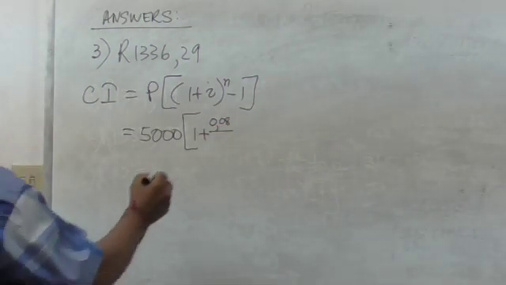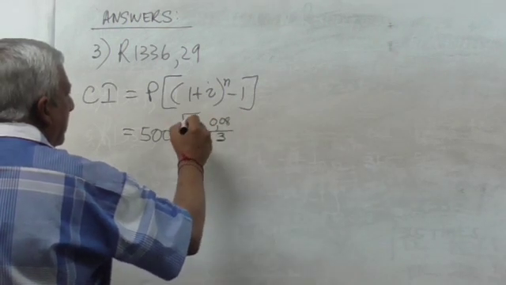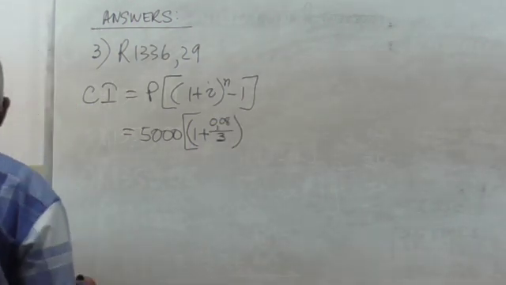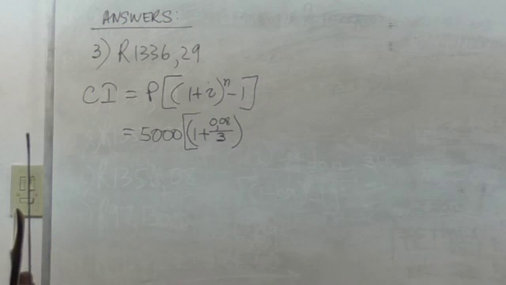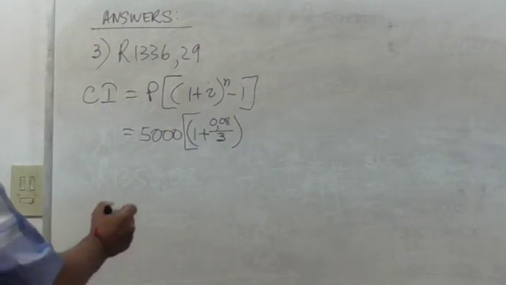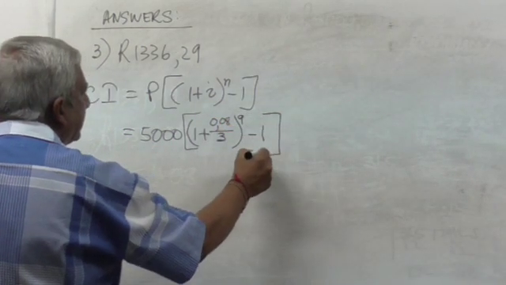Because it is every 4 months, it's divided by 3. And the n, the number of years is 3 years. So it will be 3 times 3, which is 9 minus 1.